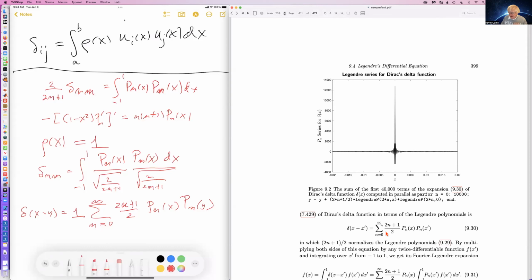So that's the full derivation of this, and I think it was good to go through that. Anyway, we see that that's actually what does give the correct answer here.